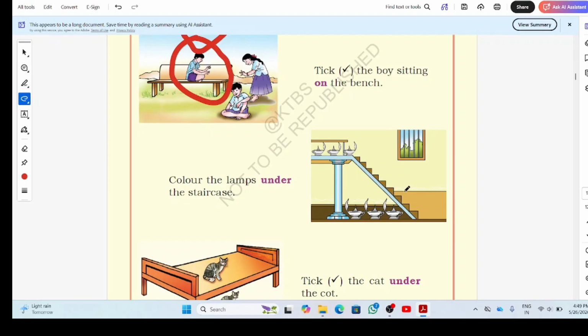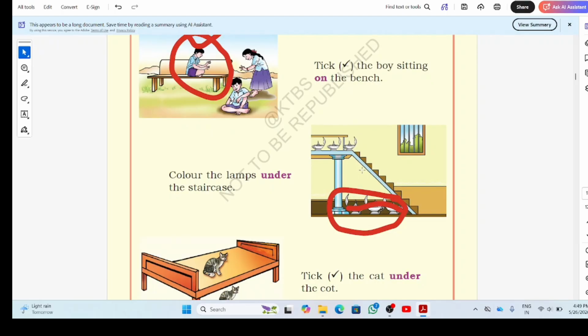This is the staircase. Under means below. So these three are the lamps which are under the staircase. These three we can't because this is above the staircase.